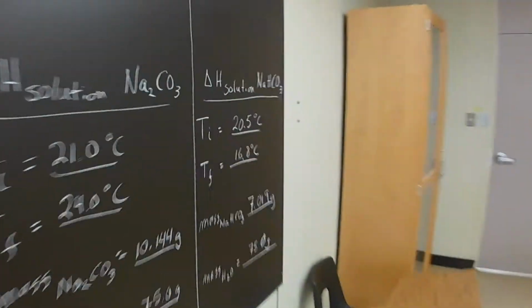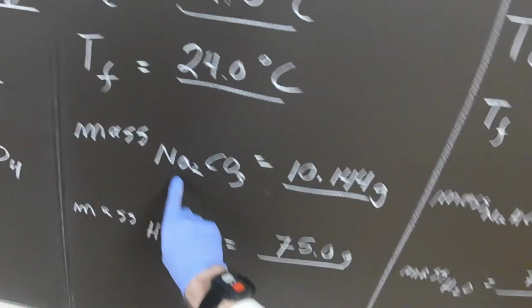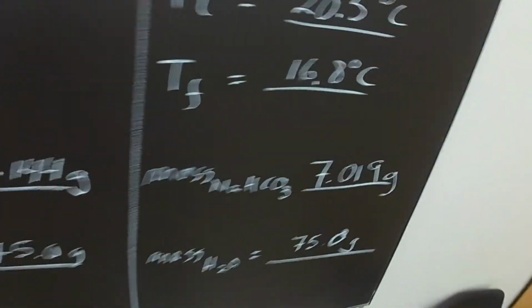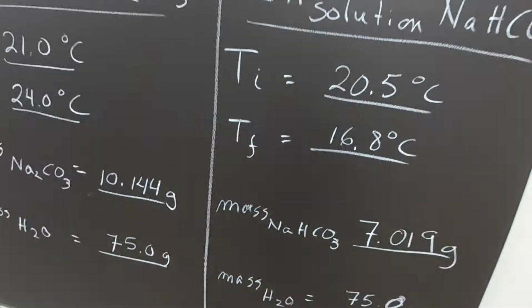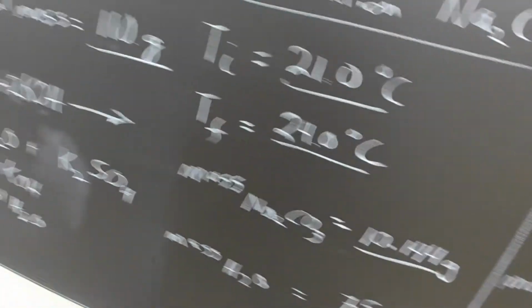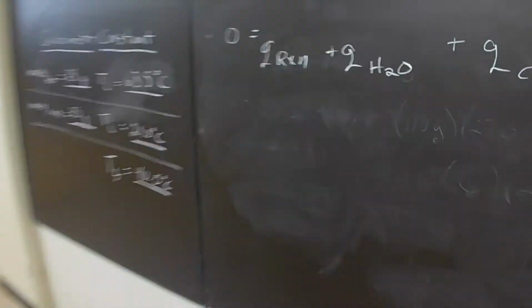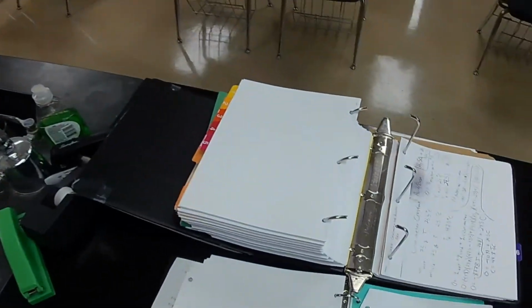So you need to find out how many moles of this were in the reaction, right? You need the molar mass of sodium carbonate to convert that to moles. You need the molar mass of sodium hydrogen carbonate to convert that to moles. And then once you find the heat for the reactions, you can ratio them just like we did here. Okay. So the calculation is similar to that for the acid-base reaction.